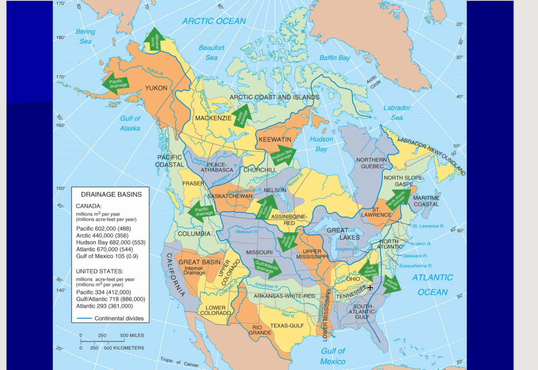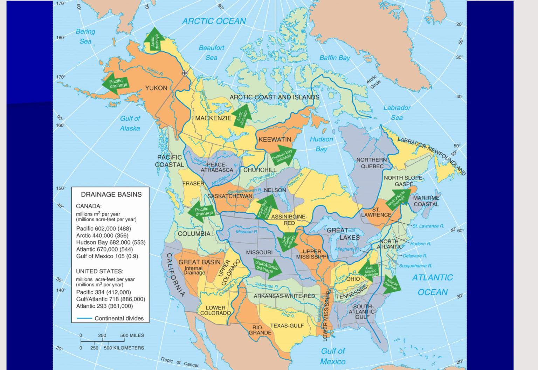The South Atlantic Gulf drains not into the Mississippi, but drains all of these drainage basins through here. So that's a large Mississippi drainage basin that's made up of several smaller drainage basins. And if you take a look at any one of these in Canada, if you so choose, you will find the same thing. Several drainage basins make up one larger drainage basin.